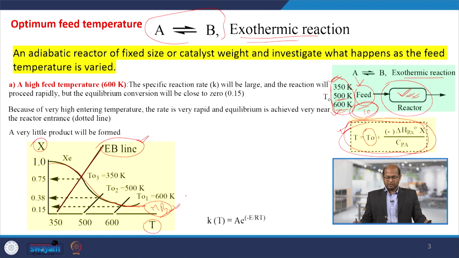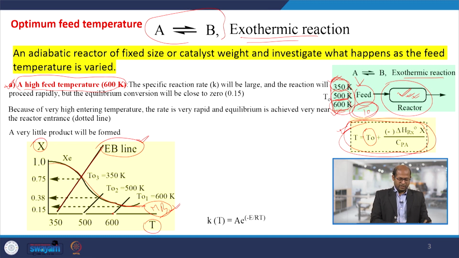Now we consider the feed temperatures: 600 Kelvin is the high feed temperature, 350 is the lower feed temperature, and 500 is in between. First we start with the high feed temperature, 600 Kelvin.